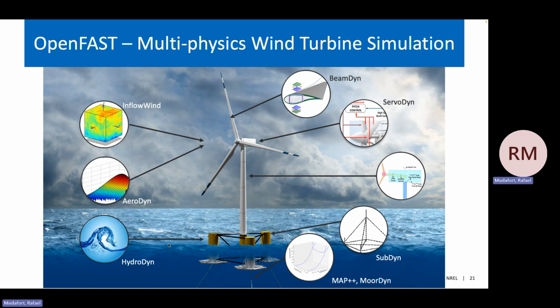So this is at the engineering level. It's not super high fidelity, but we have things like AeroDyn, which handles aerodynamics, and that's going to include things like BEMT and free vortex wake, that level of fidelity.